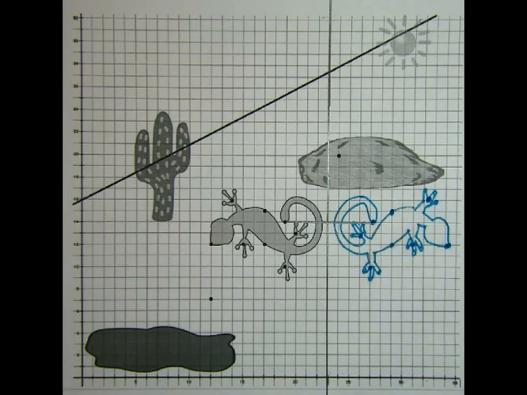When we compare the pre-image and the image, we can see that the pre-image and the image are equidistant from the line of reflection. That means they're the same distance away from the line of reflection. Just like with the translation and the rotation, we're going to connect the pre-image point with the corresponding image points.